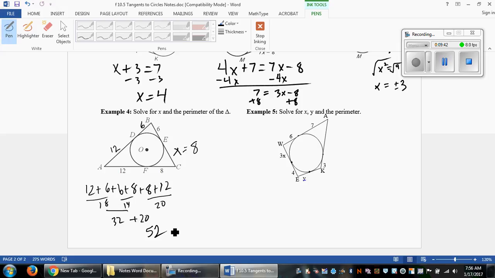Okay, and then we have this one. This one does have an actual x and y, so we can solve for those and then find the perimeter. So once again, here we've got these two coming from the same point. So if this is already 4, y would have to equal 4.